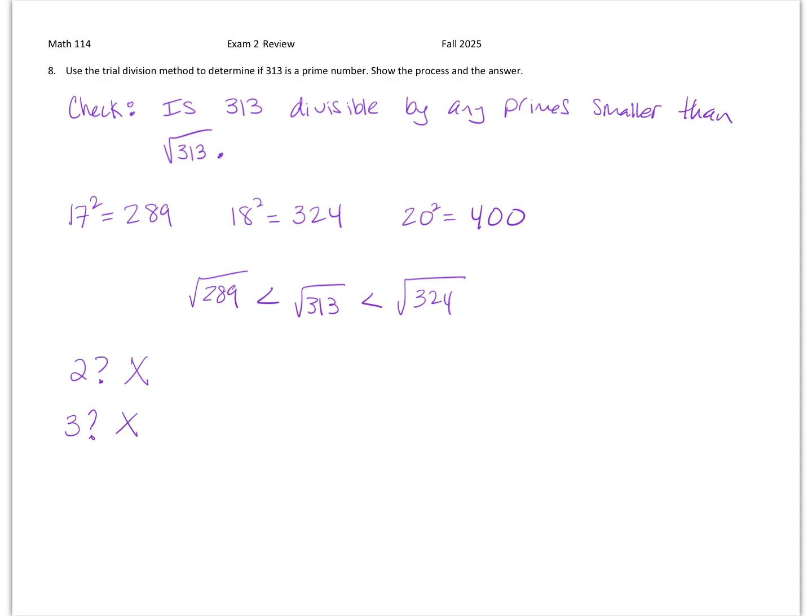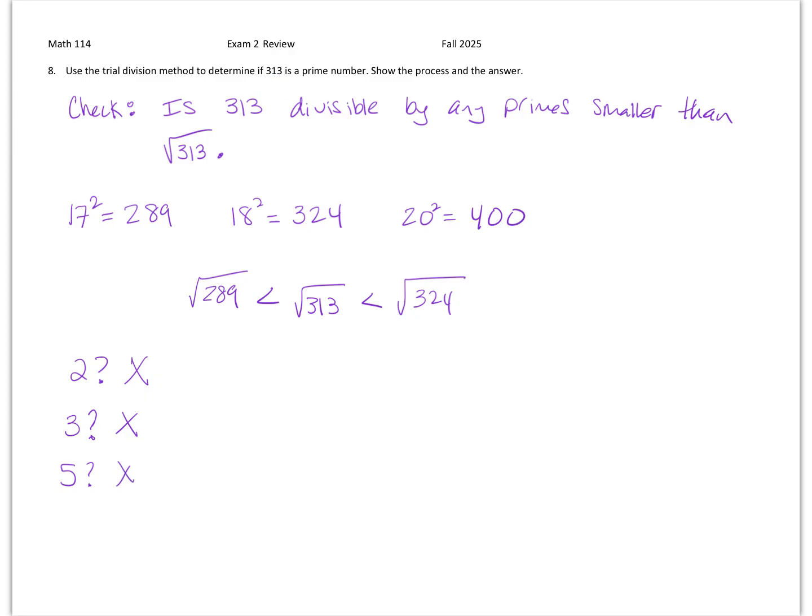Now, I don't have to check 4 because 4 is not a prime number. I'm only checking the primes smaller than 18, right? The primes up through 17. So my next one is 5, okay? And I can answer quickly, 5 does not divide 313 because 313 doesn't end in a 5 or a 0.